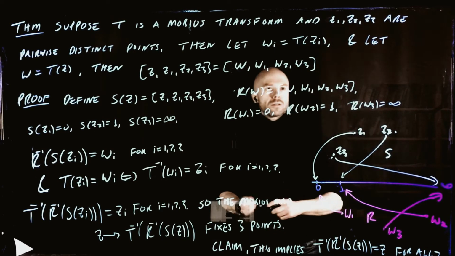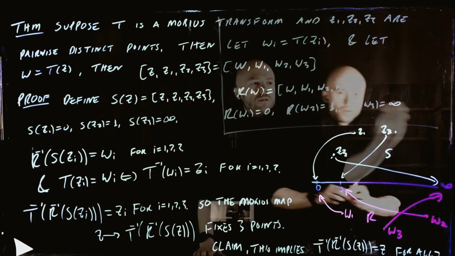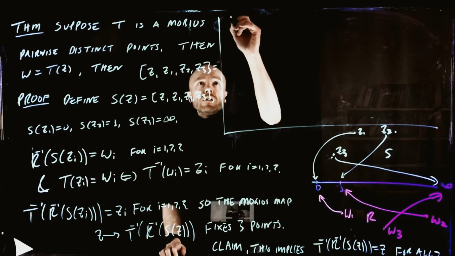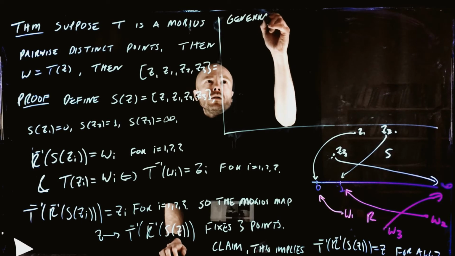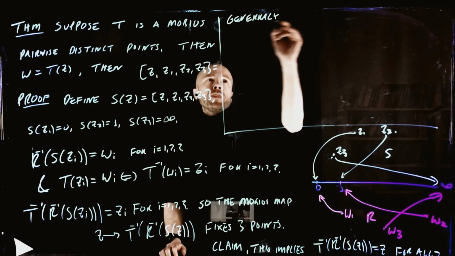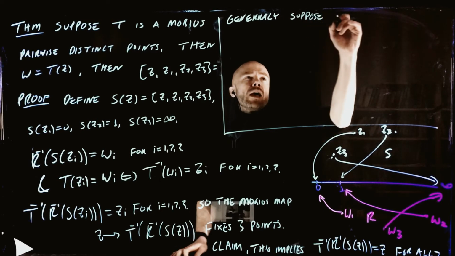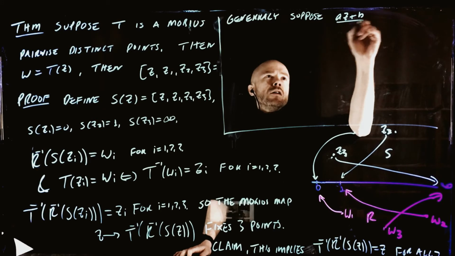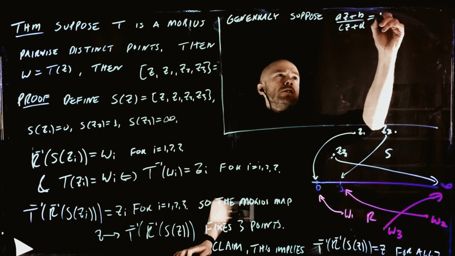Okay, let's see if I can squeeze the claim in on the same page. So generally, suppose we have that (az + b)/(cz + d) is equal to z.